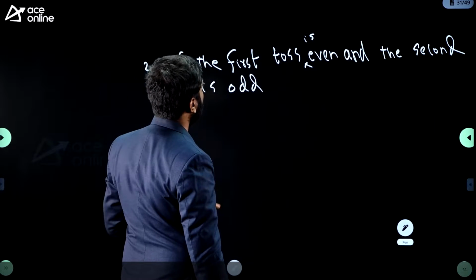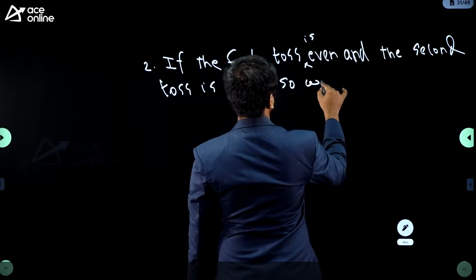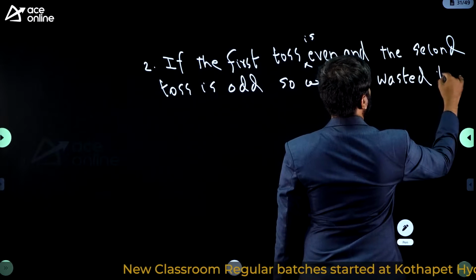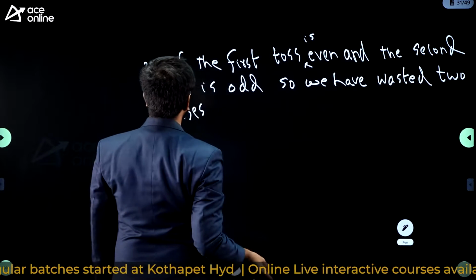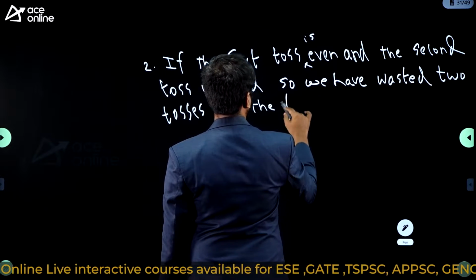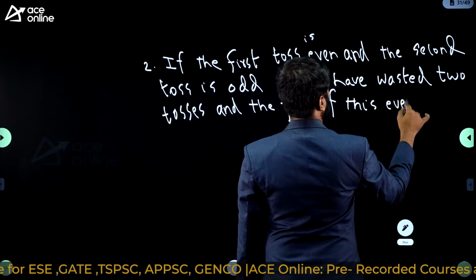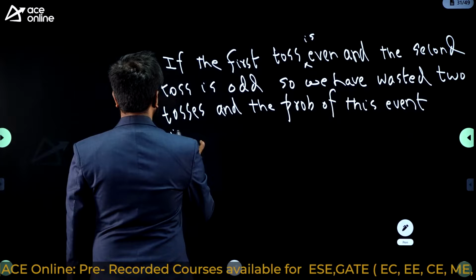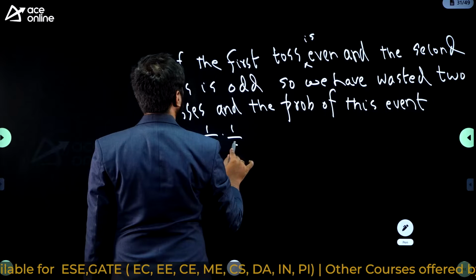So if the first toss is even and the second toss is odd, this implies that we have wasted two tosses. And the probability of this event, the event where the first toss is even and the second toss is odd, is 1 by 2 for the even number and again 1 by 2 for the second toss which is odd.